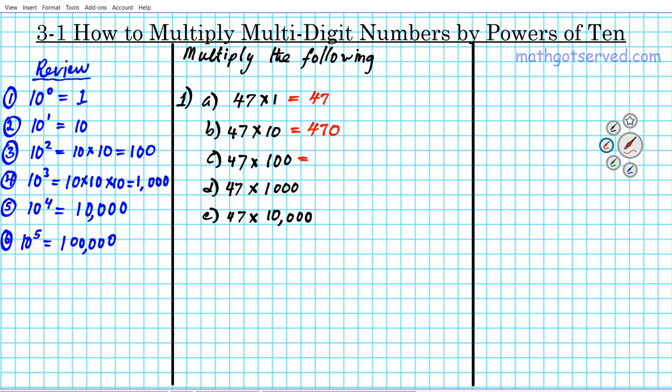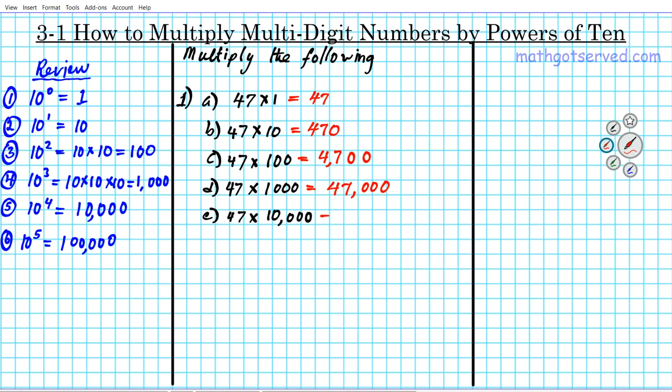47 times 100 is going to be 4, 7, and you append the 2 zeros, 0, 0. Okay? And then 47 times 1,000, or let's put a comma here, 4,700. And then 47 times 1,000, you're going to have 4, 7, which is a product of 47 and 1, and then you have the 3 zeros, 47,000.